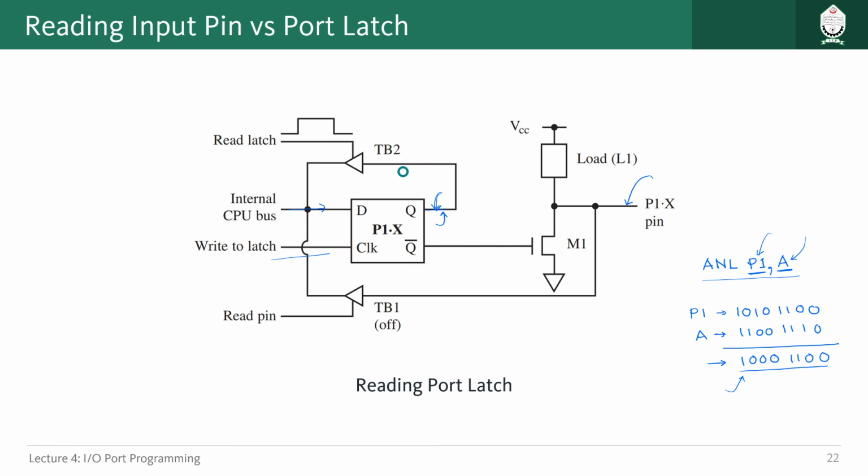So this is called reading port latch. We have to be very careful when we are reading the input pin and when we are reading the port latch. There are different commands like that.